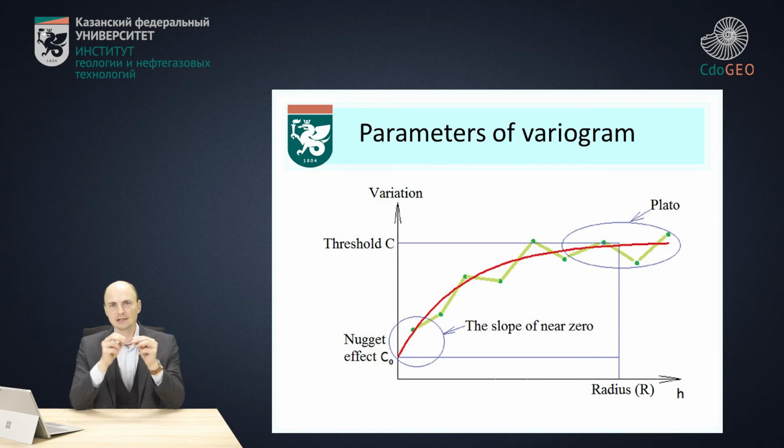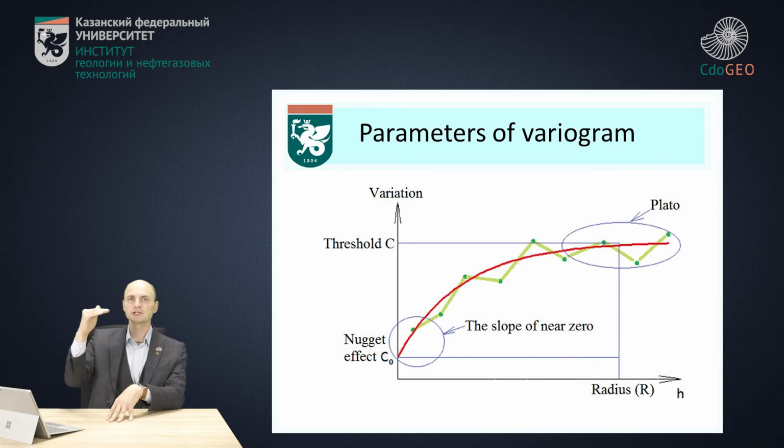That simply means that at a certain distance, our points become independent, and it doesn't change with the change of distance. That means that our variogram function should reach a certain threshold, a certain plateau, and then not change.